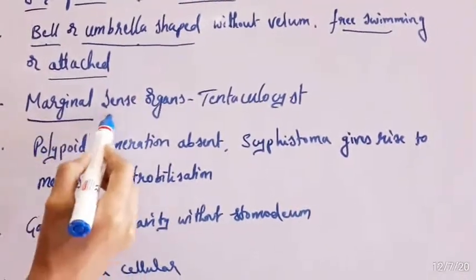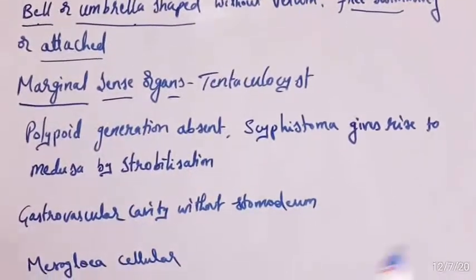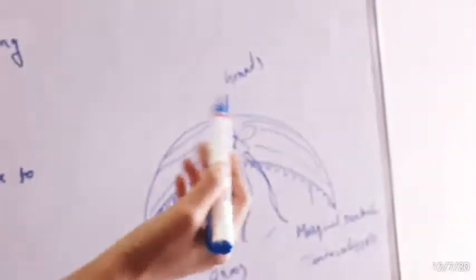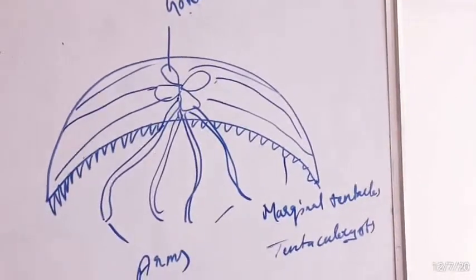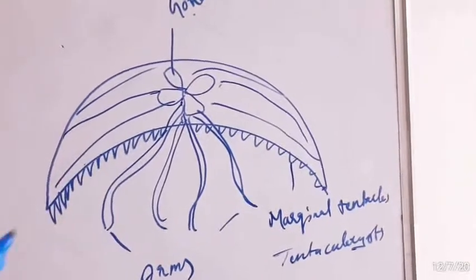The marginal sense organ, see in this diagram, is like this, cup or bell or umbrella shaped.